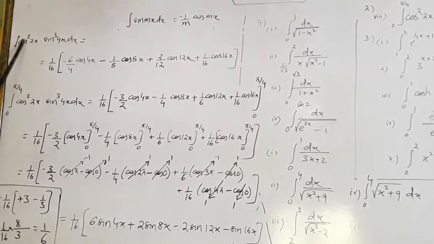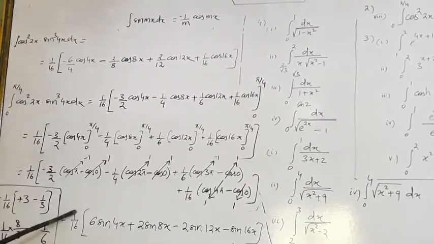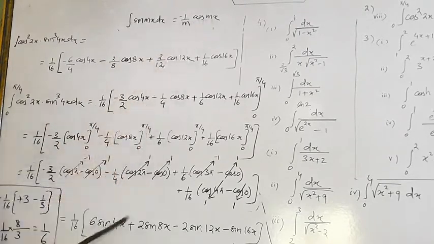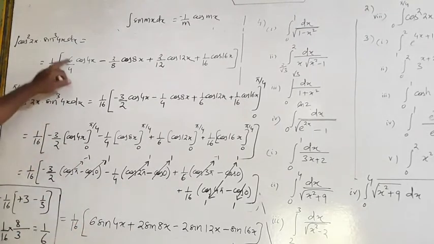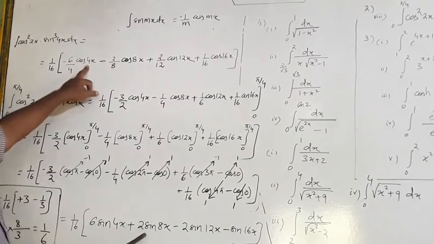Then the integral of cos square 2x sin cube 4x dx is equal to 1 by 16 taken outside. The integration of sin mx is minus 1 by m cos mx. So 6 sin 4x, 6 is there, and the integration of sin 4x is minus 1 by 4 cos 4x.